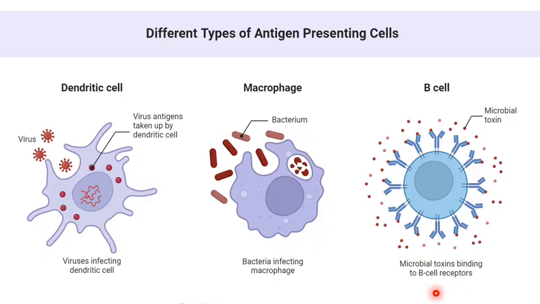These are the Langerhans cells of the skin, found in the basal layer of the epidermis, and they're also found in the lining of the nose, the lungs, the stomach, and the intestines.